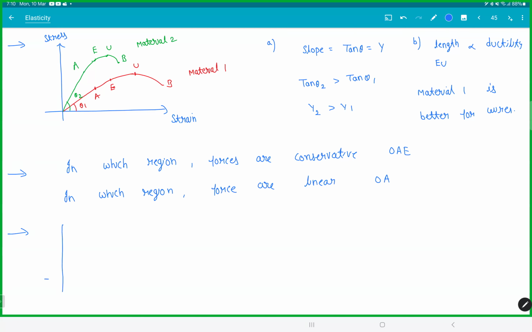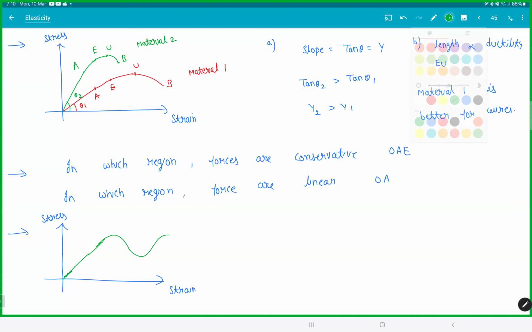The next thing, if you have a graph like this, let's say this is O, A, B, and C. Which region is plastic?